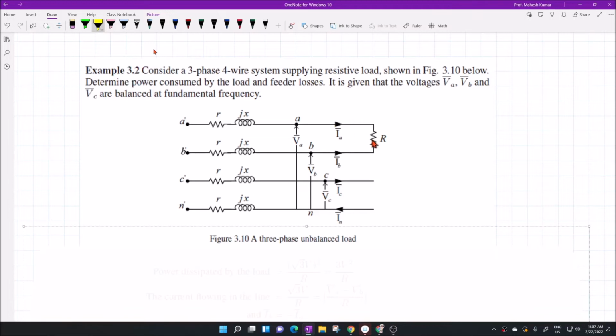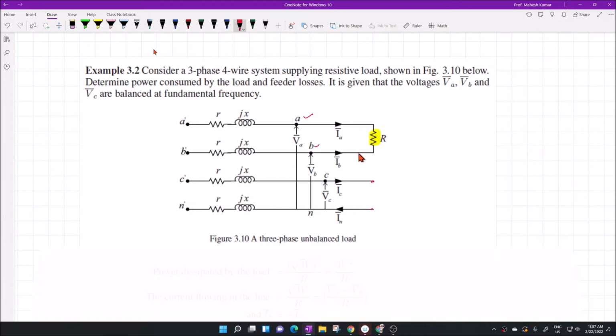As you can see, the three-phase supply is supplying a resistive load between point A and B. The other two phases are not carrying any load. The load is between point A and B.